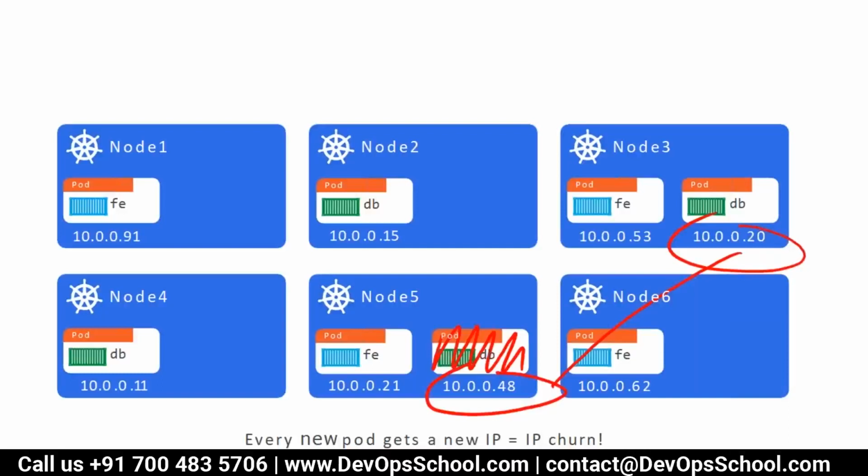These are the challenges, the scenarios you have in real-time infrastructure when you're using Kubernetes to run your application. So yes, 6 nodes. Each node has a few pods, each pod has a container. Some containers belong to the front end, some to the back end, DB. Pods get replaced, new IP addresses come, and so on.